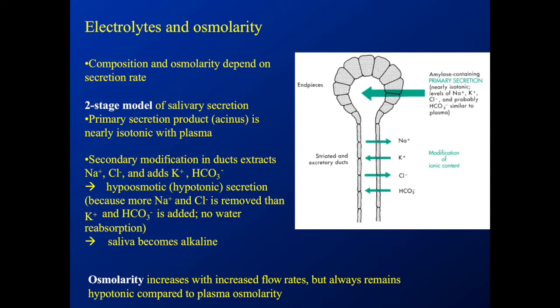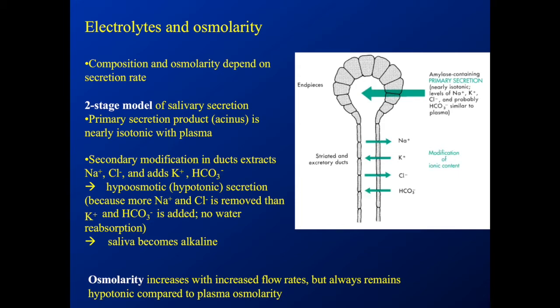And then as it's passed down through the duct system, through the striated and excretory ducts, there's a reabsorption phase where you get sodium and chloride reabsorbed back into the blood supply, and then you get excretion of potassium and bicarbonate ion into the lumen to alter the ionic composition.